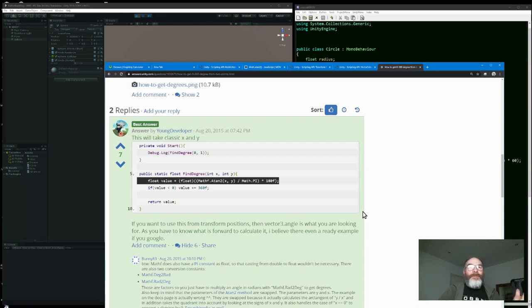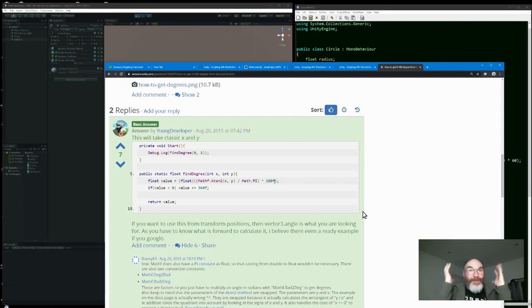There's no need, because this function already returns a float. Mathf returns float. The A tan 2 function returns a float. Why do you need to? Why? A tan 2 xy. It's not xy. It's yx divided by pi multiplied by 180.